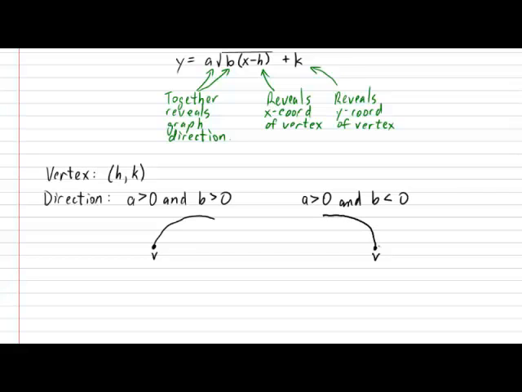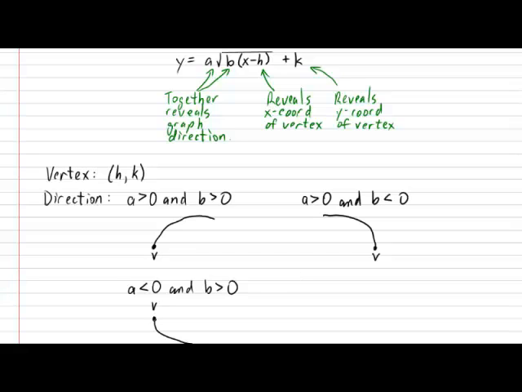The third scenario is what if this time a was negative but b was positive? Well, in this scenario, again the graph starts from the vertex, but this time it flies down and to the right from the vertex.